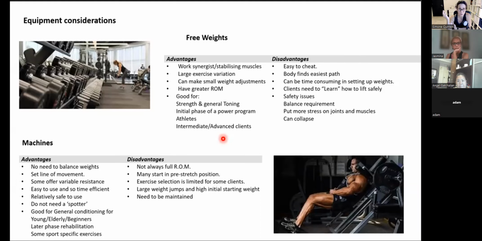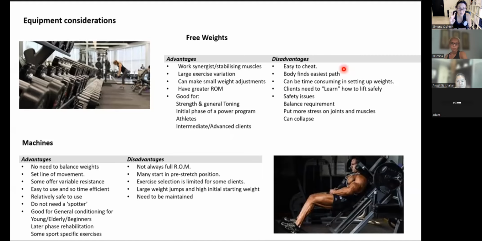Because obviously when you have someone who has never worked out before, the machine gives you the range of motion and gives you the exercise, so it's easier for them to do that. But sometimes you don't have the choice, so you have to do free weights. Then obviously you need to start really, really carefully, and you have to pay a lot of attention to the technique, how they do that. Otherwise, they will injure themselves.